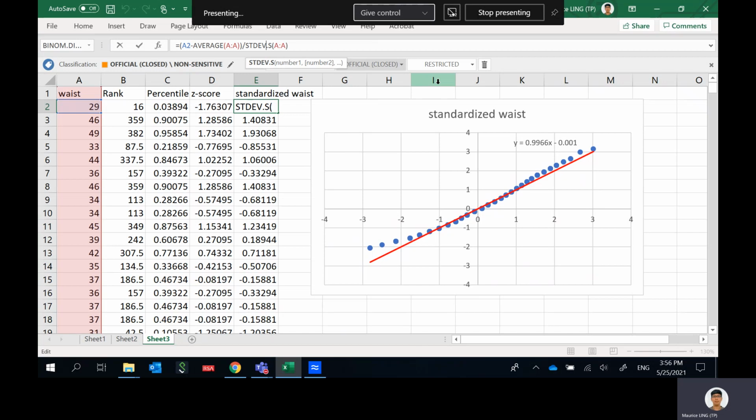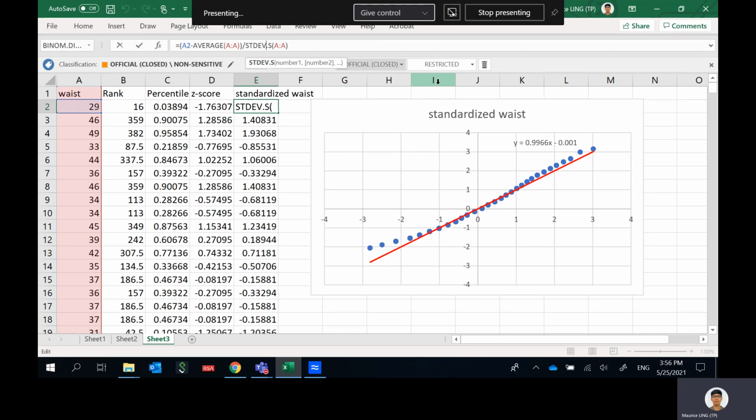The bracket is here. Right click. The data point.